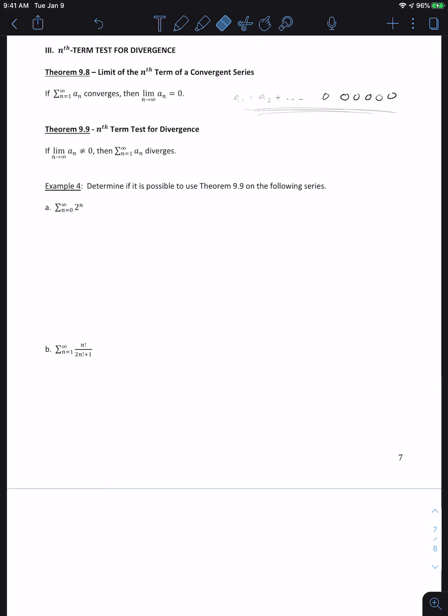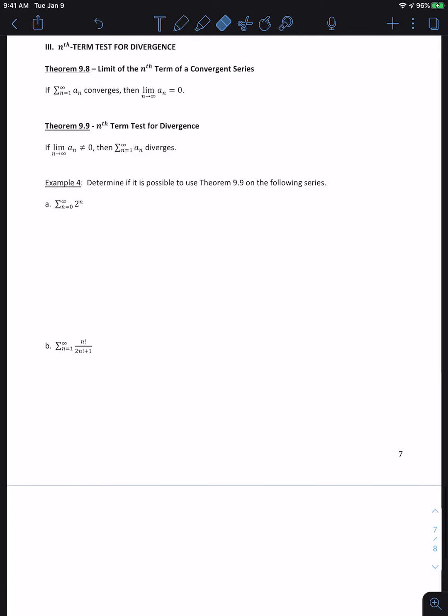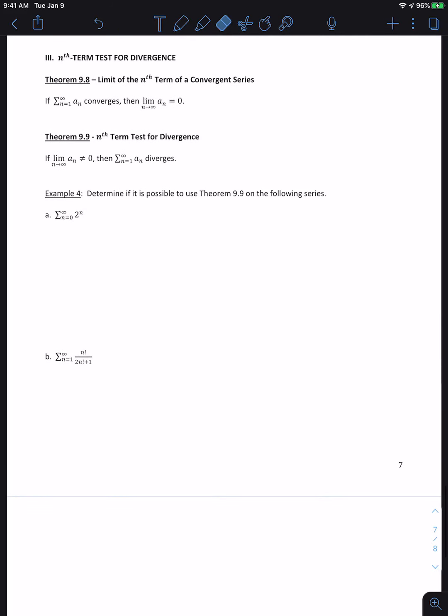And so that's why, if it does converge, then the limit of those terms has to go to 0. In other words, somewhere down the line, my terms have to start getting closer and closer to 0, so that way my total sum can equal something finite. Right? So that is actually where this comes from.